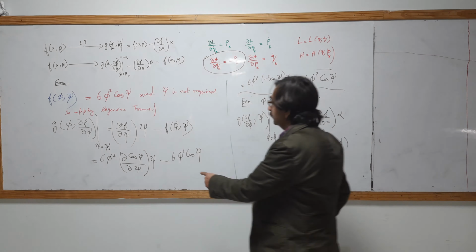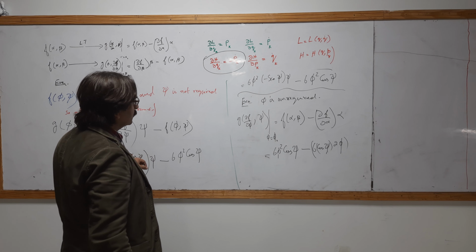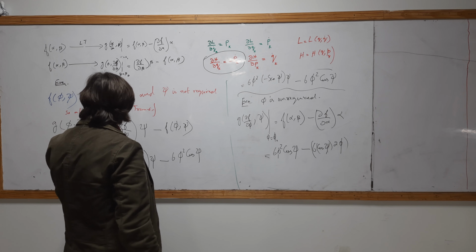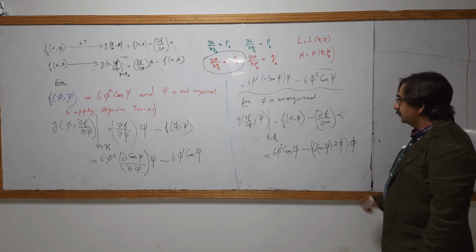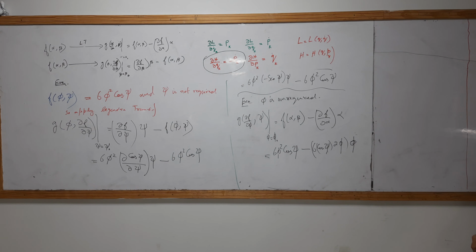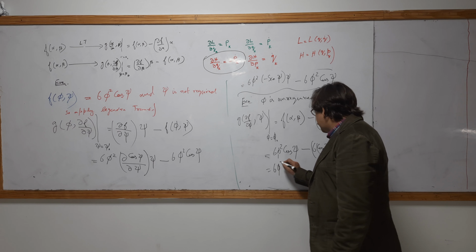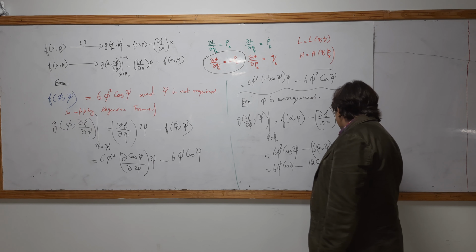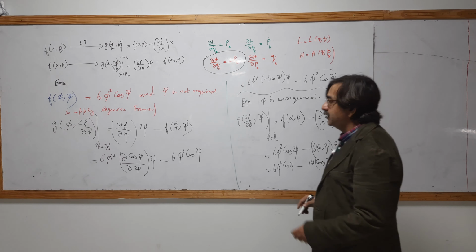Yes, sir. What is this, is phi? Okay. So this result will be 6 phi square psi minus 12 cos phi phi. So this will be your requirement.